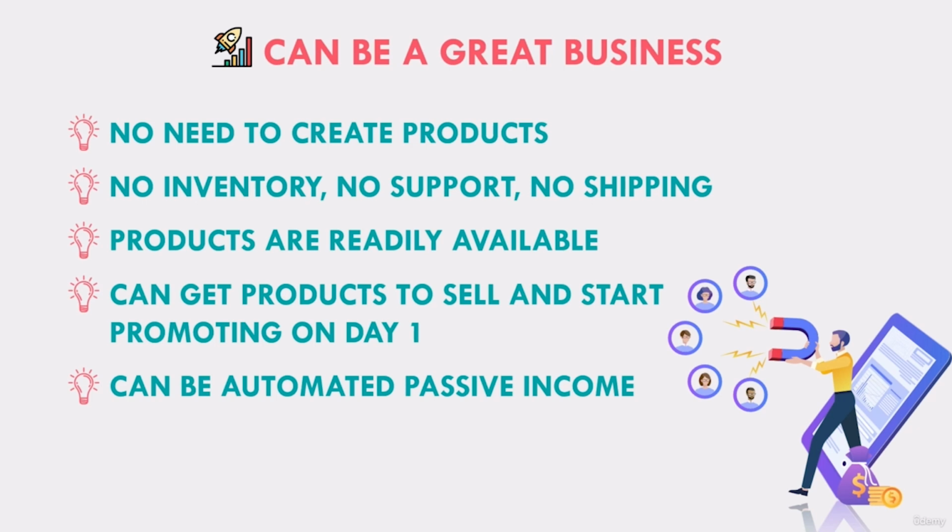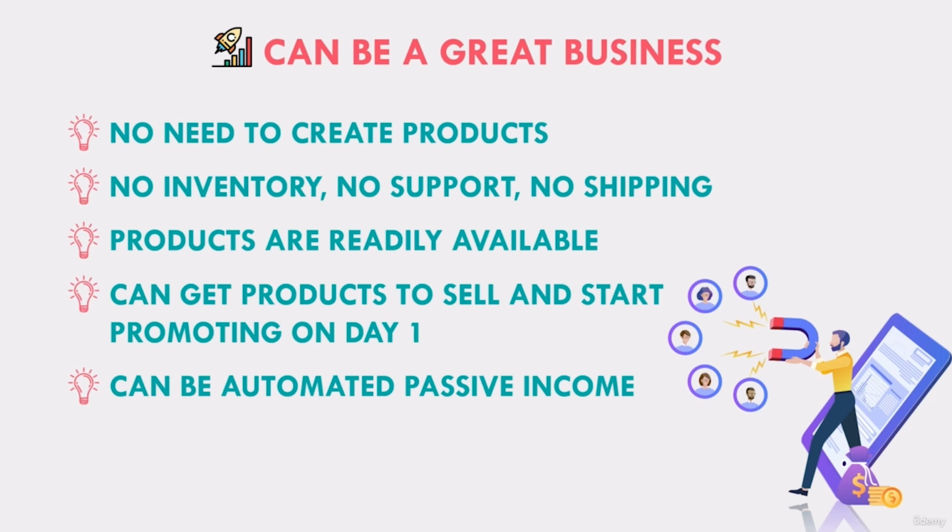Because when your traffic is automated and you're able to sell these products that you don't have to support, don't have to create, this can become one of the more truly passive incomes that you hear people talking about long term. Once you perfect all the moving parts of this business, you can actually start not just making a little bit of money, but making more and more and more money, and hands off.